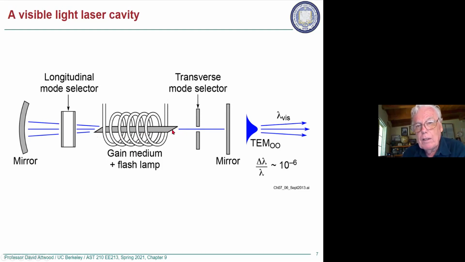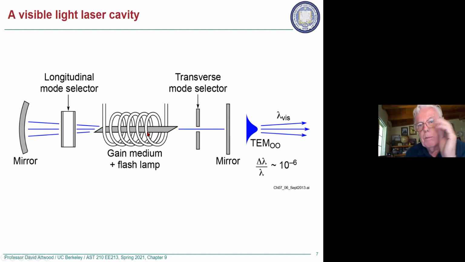So a certain polarization will have no reflection, and all the other polarizations will have some loss, and so one will dominate, and you'll get a certain polarization. So they're showing a flash lamp that's going to flash light that puts energy in here at a photon energy high enough to excite atoms into an upper state.